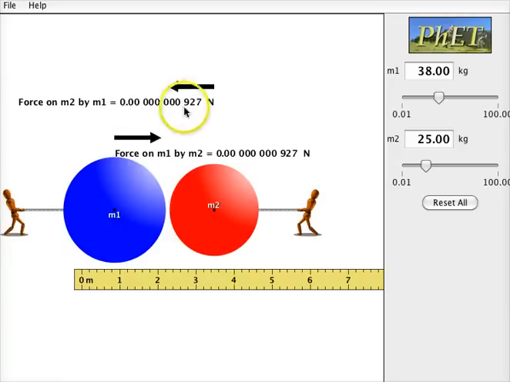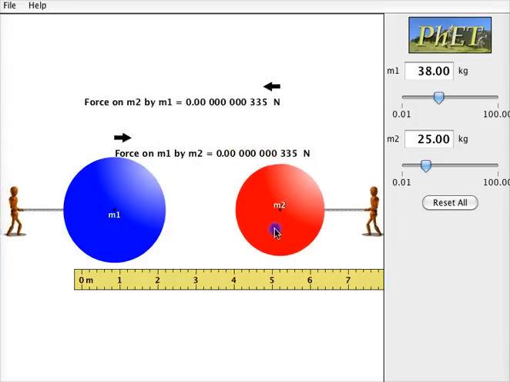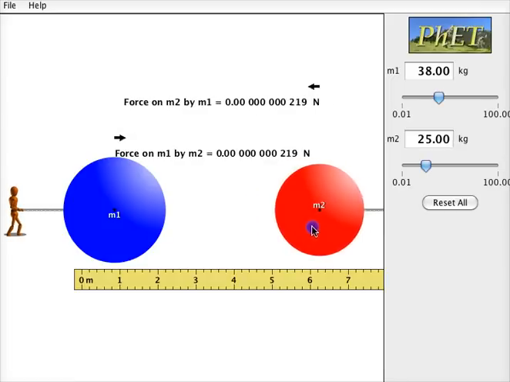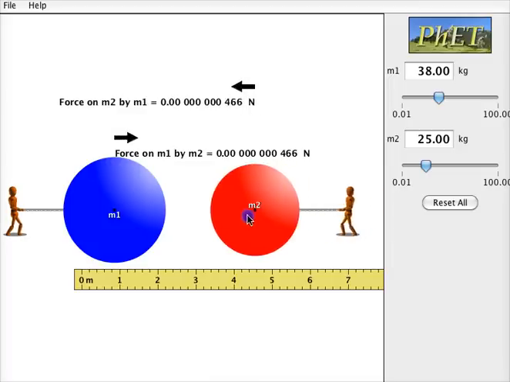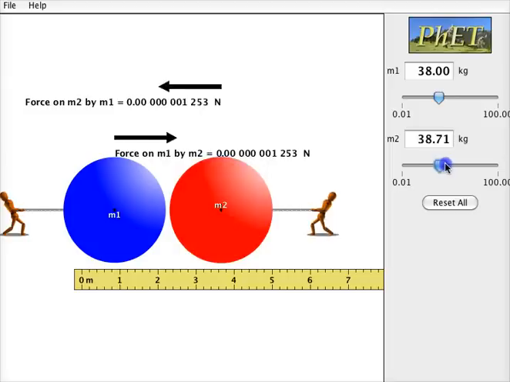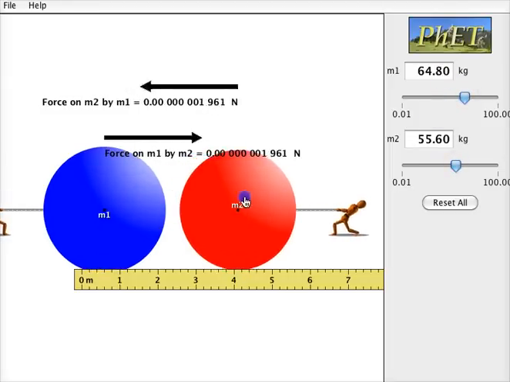They're very, very small, the forces, a tiny, tiny fraction of a Newton in both cases. If I separate them even further, you can see the arrows shrink down and the force gets even smaller. As I bring them closer together, the force increases. If I increase the mass of these objects, we can see also that those forces increase.